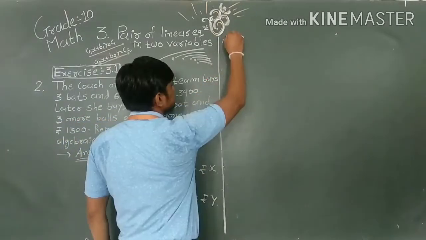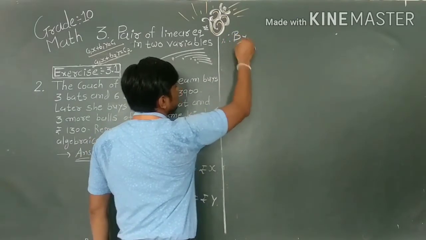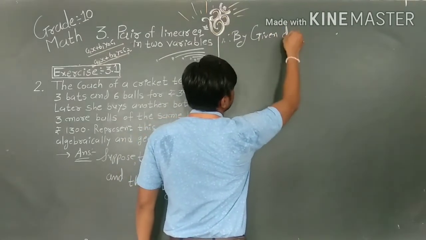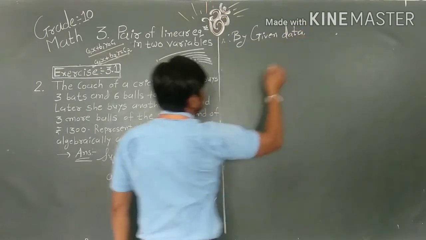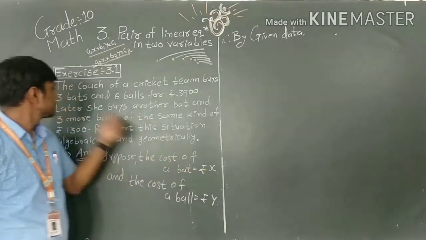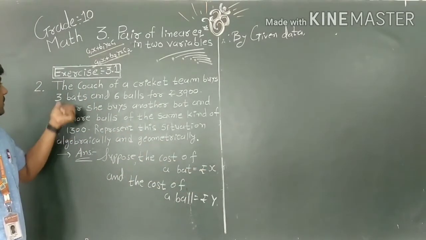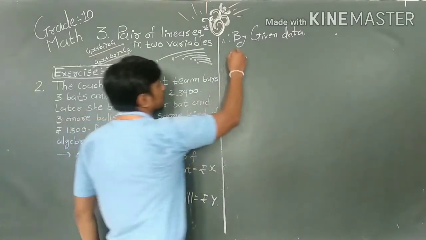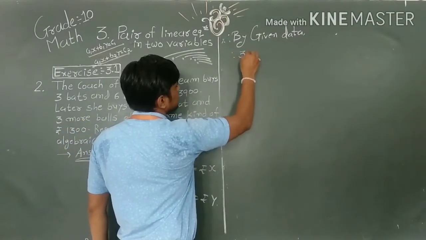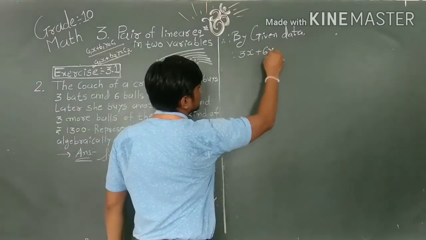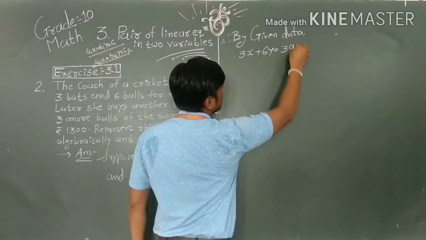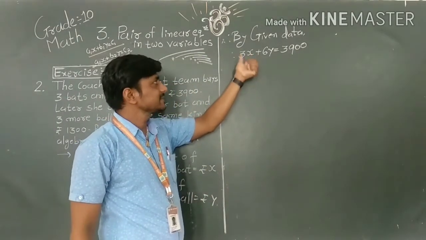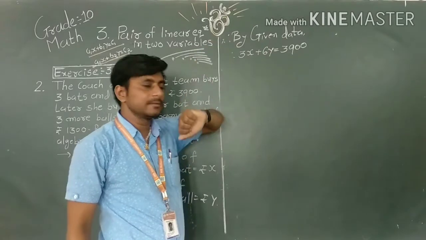Therefore, by the given condition, or you can write by the given data, 3X plus 6Y is equal to 3,900. That means the total cost of 3 bats and 6 balls is 3,900.